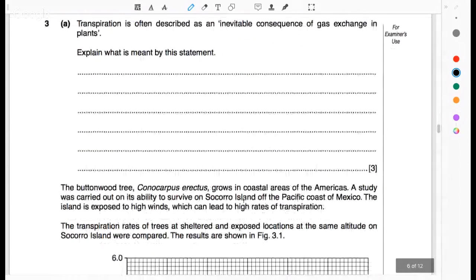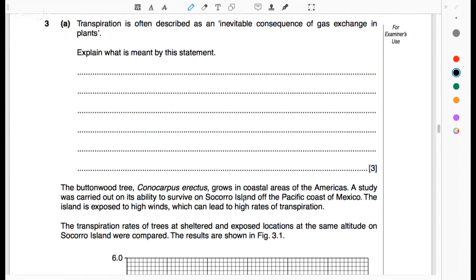Okay, transpiration. Okay, so stomata open in order for CO2 to diffuse into the plants.